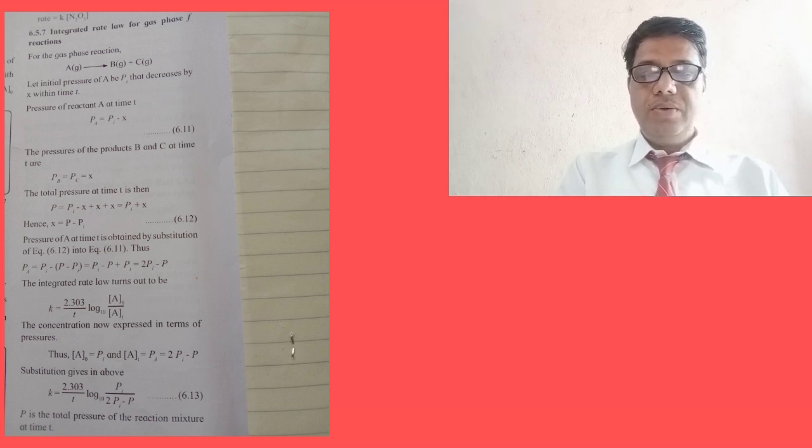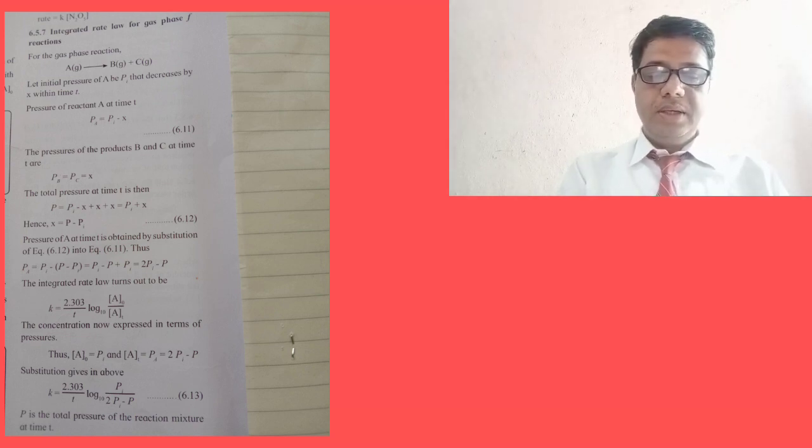So Pa is equal to Pi. We calculate the X value to get the pressure of A at time T. X is equal to P minus Pi in equation 6.12.